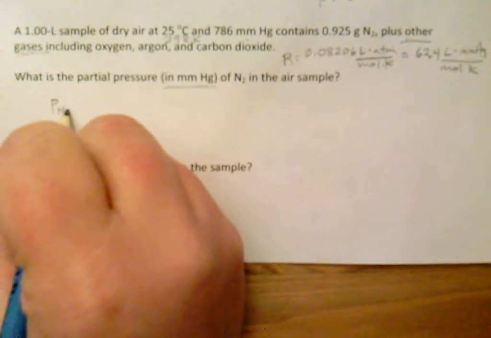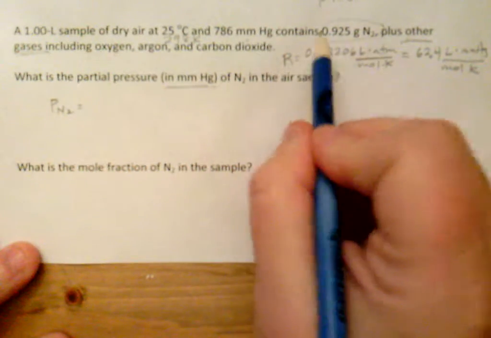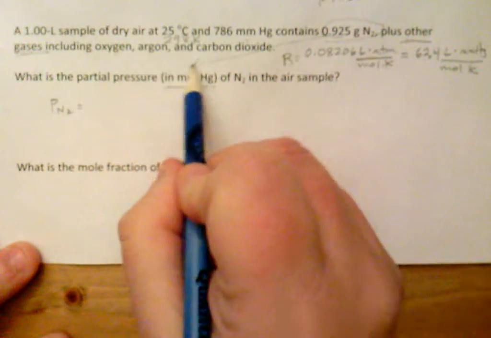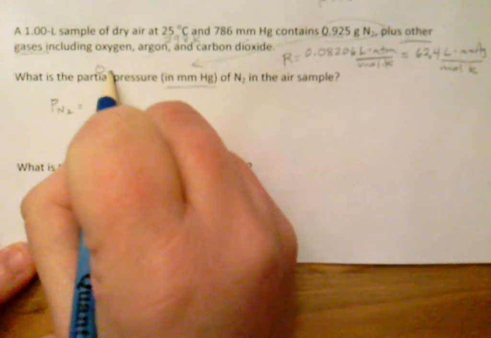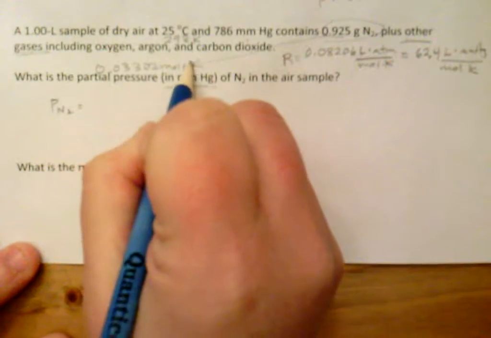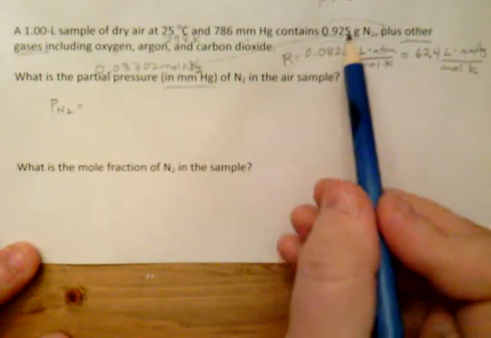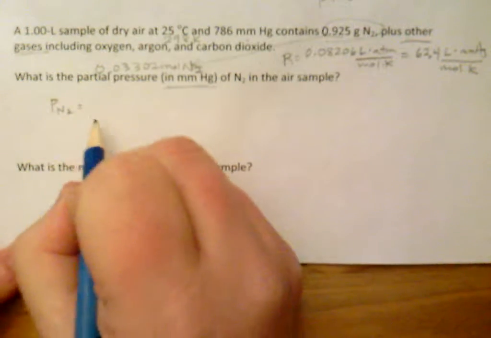So I'm going to say pressure of N2 is equal to number of moles of N2. And if I take this grams and I convert it to moles, I will see that I get 0.03302 moles of N2. And I am not doing that for you because I am assuming that you know how to get from grams to moles by now.